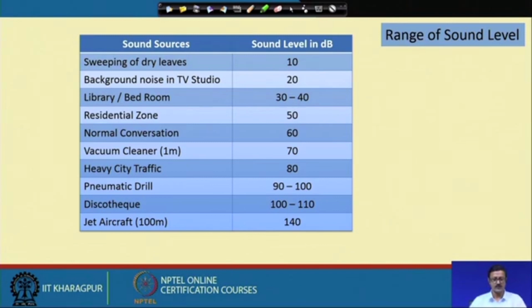The pneumatic drill is very bothering sometimes, it is 90 to 100. The discotheque is a very noisy area, almost touching the threshold of pain, sometimes 100 to 110, and if you are around 100 meter near a jet aircraft, it is really painful, 140.